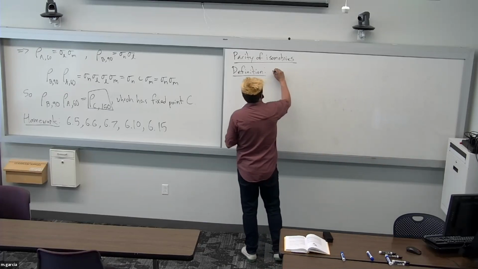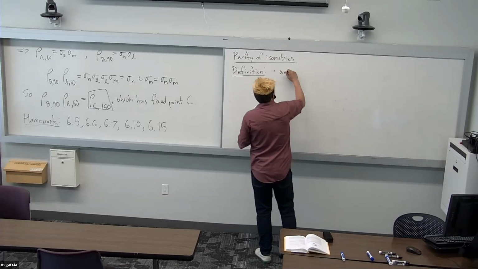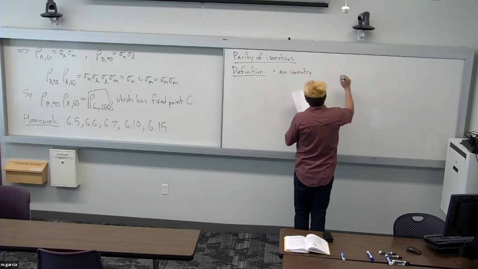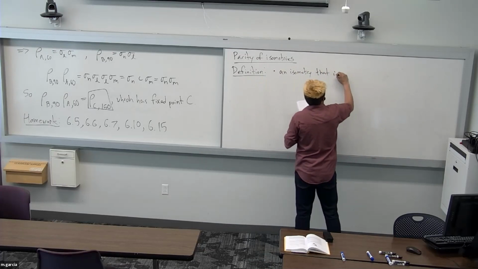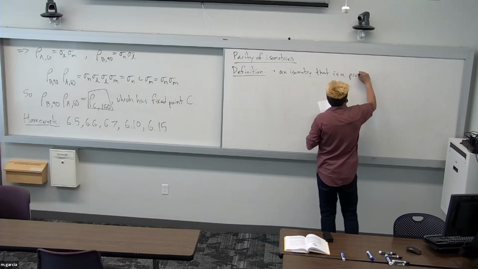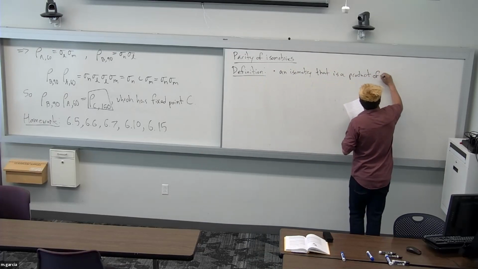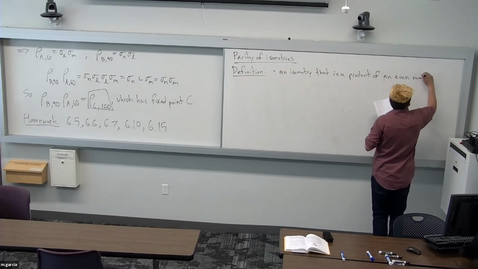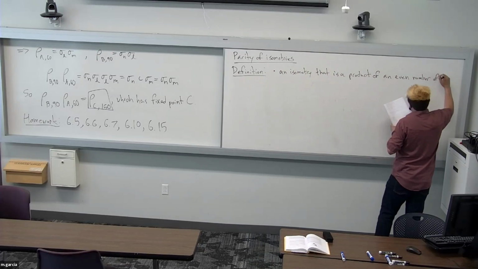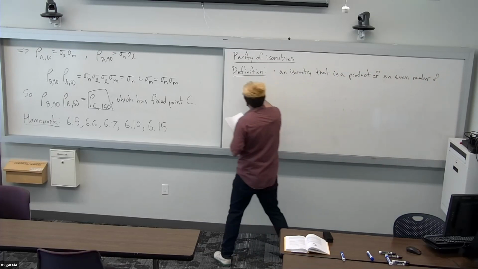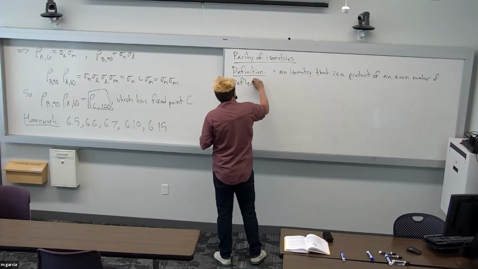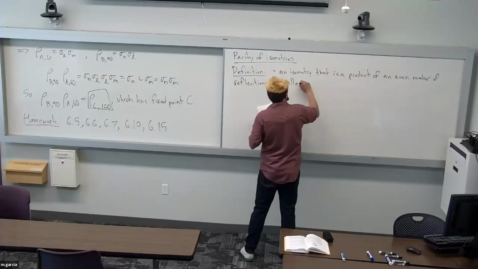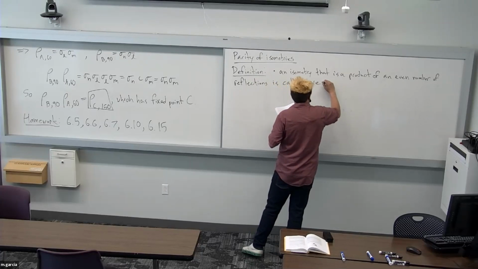Okay, so firstly, an isometry that is a product of an even number of reflections is called even.